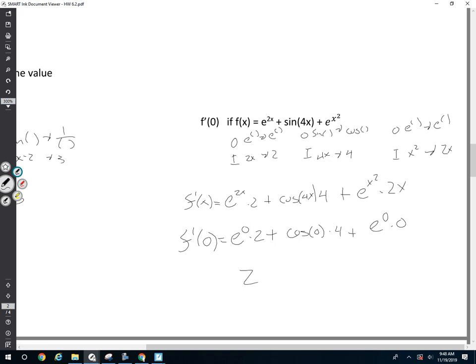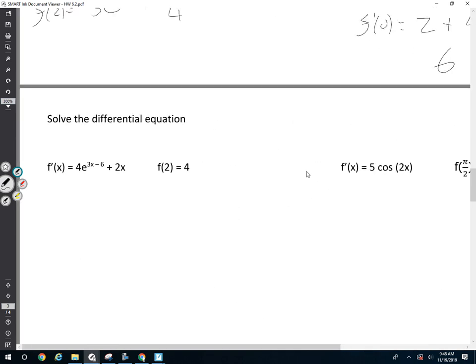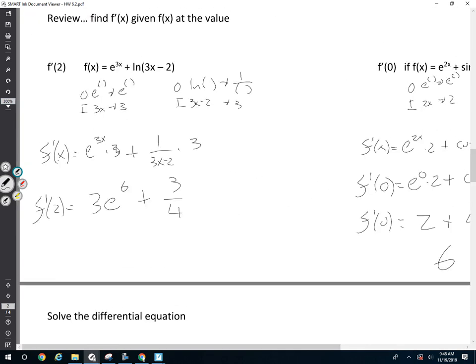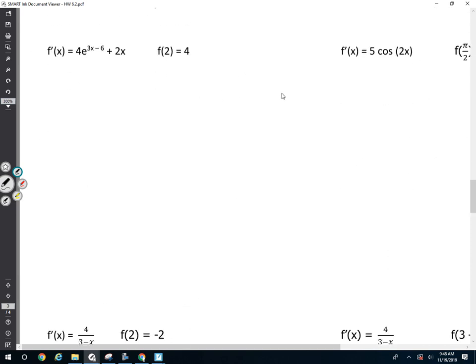This will be 2 plus 4, which is 6. Quick little review. Didn't hurt anybody. All right, that confirms why we need the 1/3 when we take antiderivatives, because we have this chain rule, throws these numbers out there.